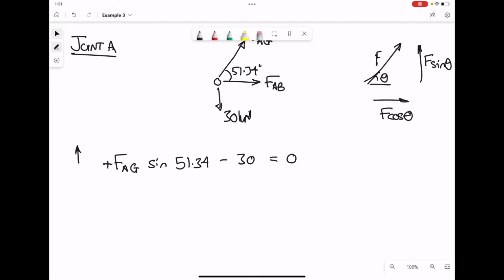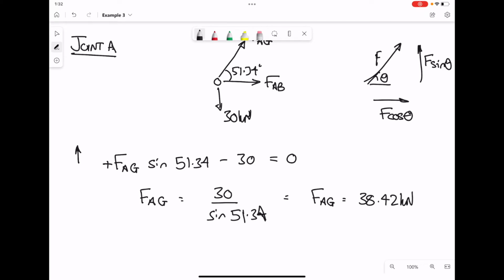Rearrange our equation. FAG is equal to 30 divided by sine 51.34 degrees, and that will give you a value of FAG to be 38.42 kilonewtons.